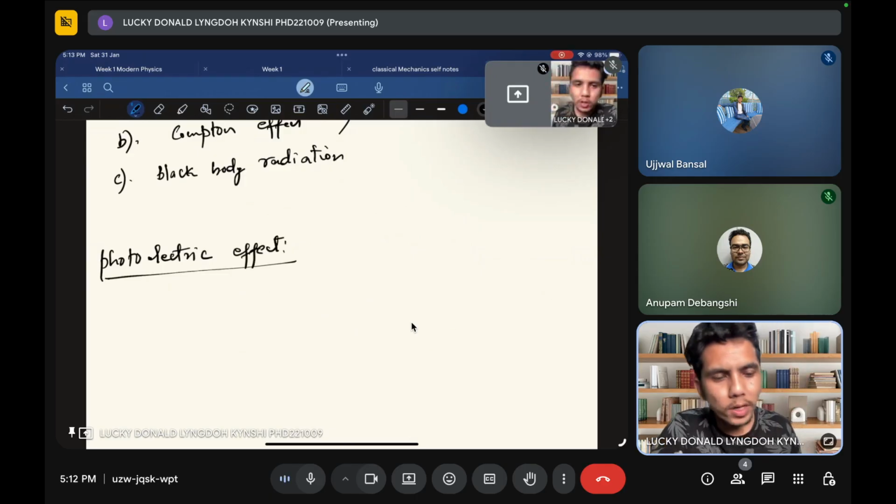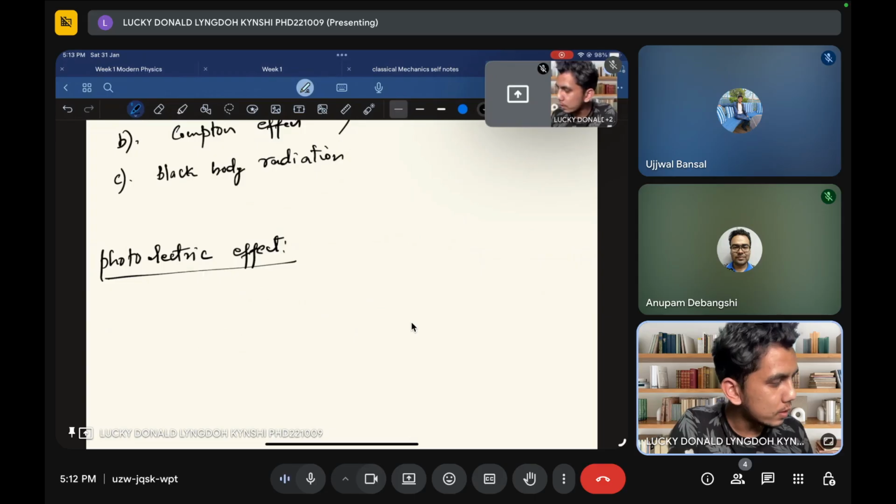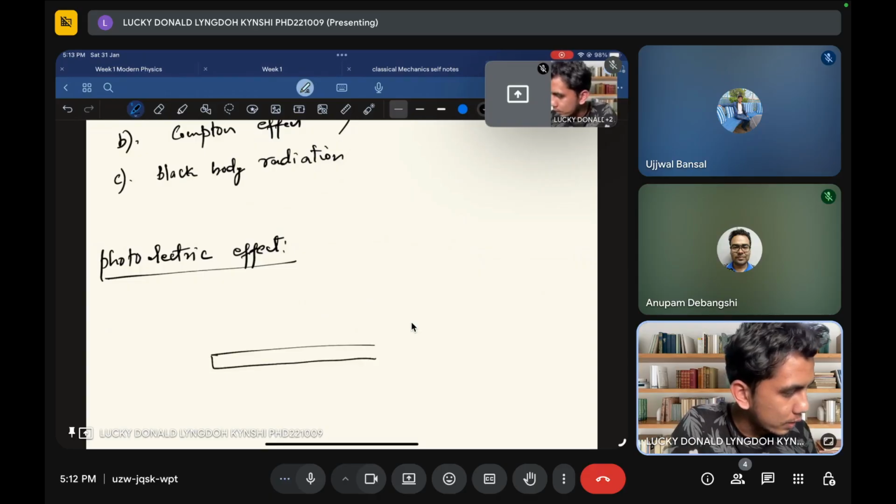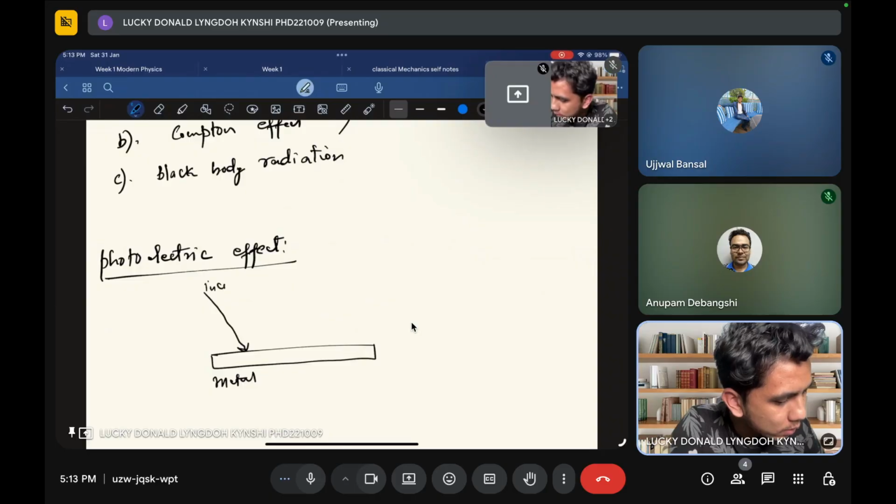So what really is the photoelectric effect? The simple idea is that you have, let's say, a sample or a metal, and you shine incident light of energy h mu.